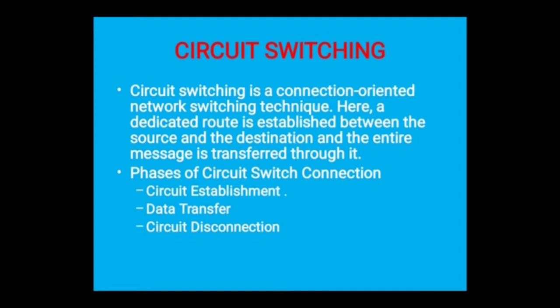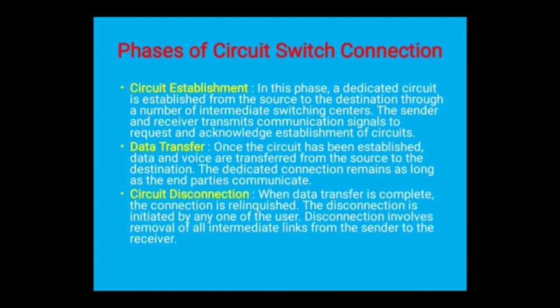There are three phases of a circuit switching connection: circuit establishment, data transfer and circuit disconnection. In the first phase we look for a dedicated path through which we can send the signal. We establish a route from source to destination with the help of intermediate switching centers.